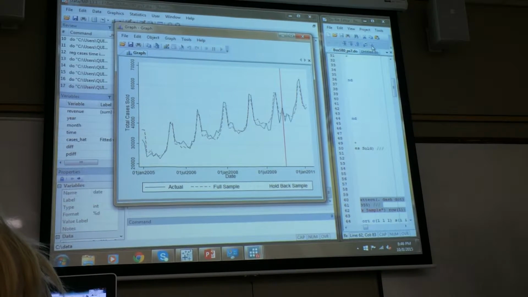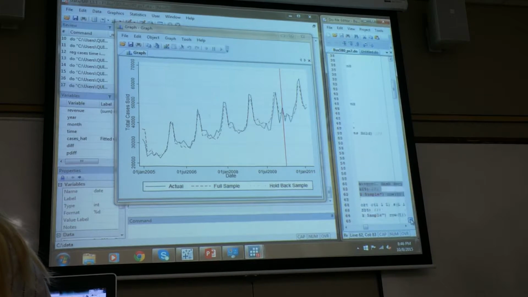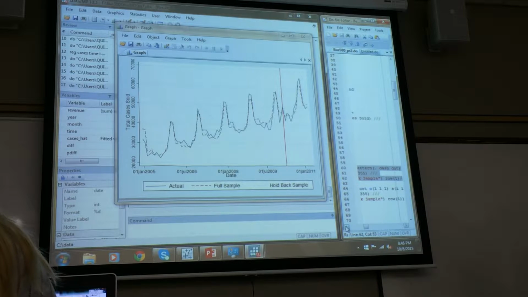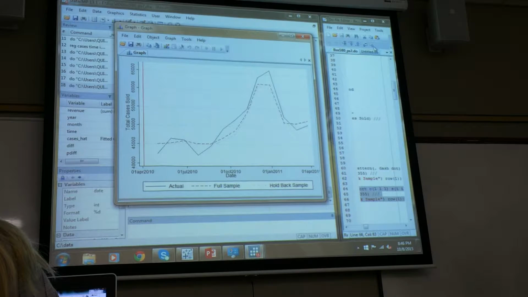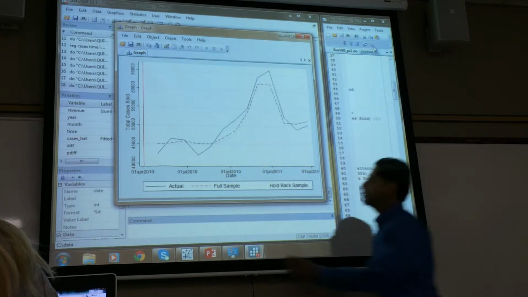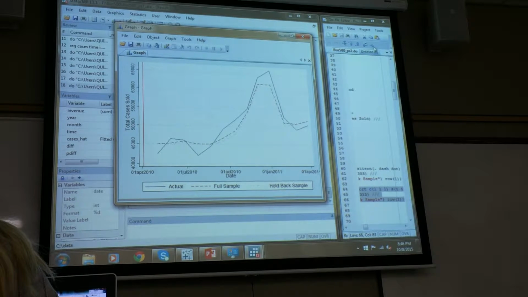What we probably want to do is blow that up a bit. We don't really need all the data from before. We know that data exists.